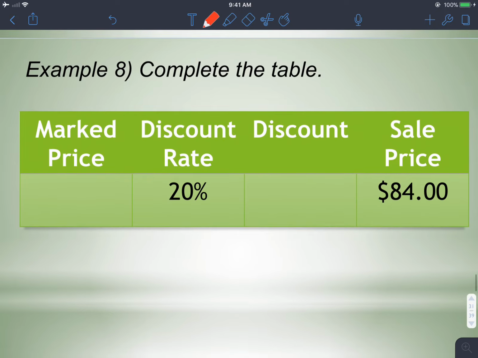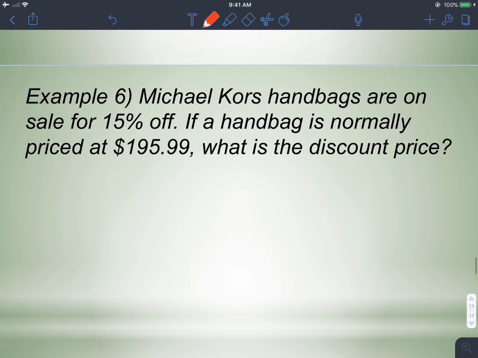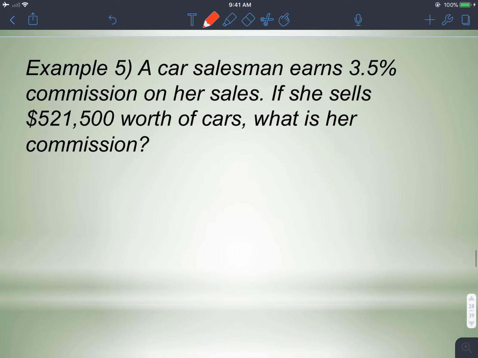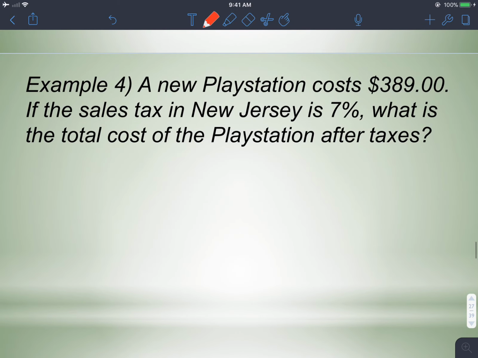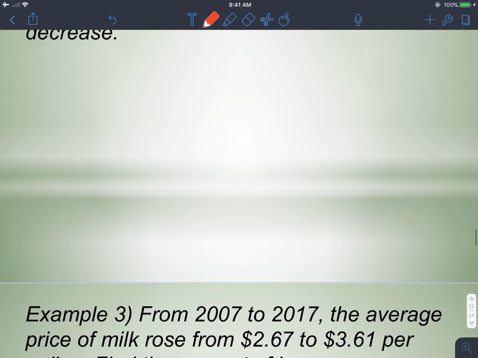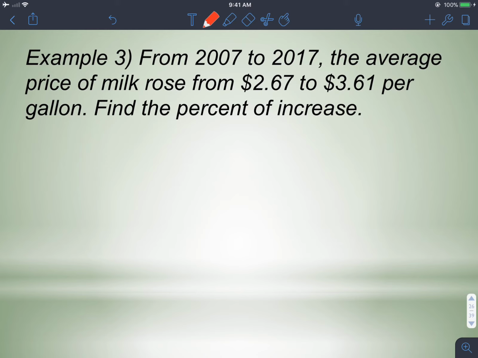Let's see if there's any we want to do here. Okay, we've got to do a percent change one. All right, here. From 2007 to 2017, the average price of milk rose from $2.67 to $3.61 per gallon. Find the percent of increase.